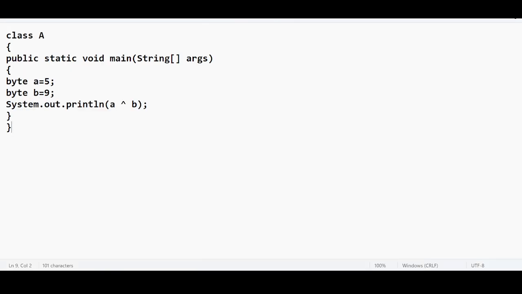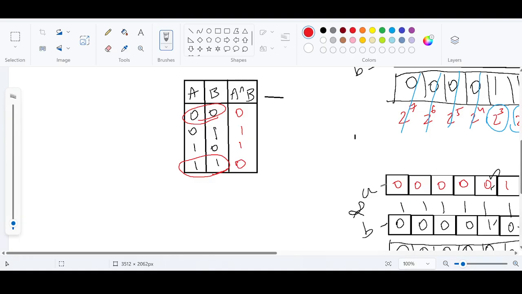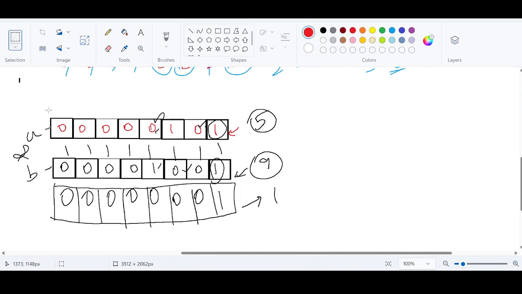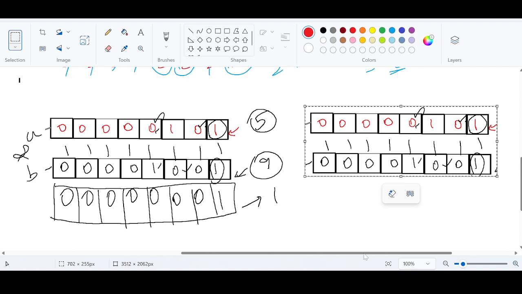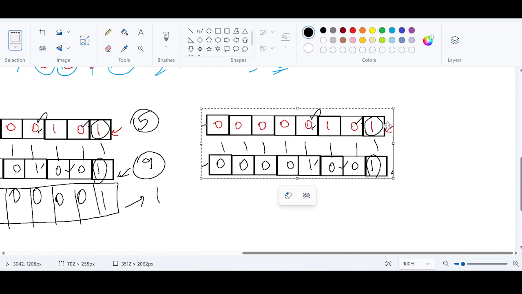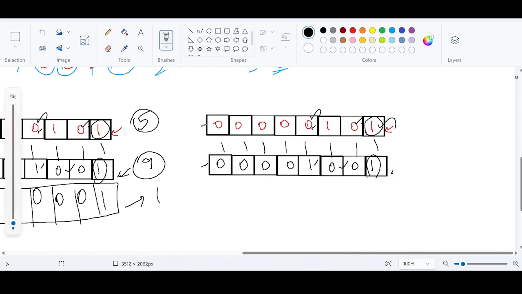Correct. Why 12? Let me explain it for others. These are the same example I am taking. This is for 5 and this is for 9. Two inputs are same, 1, 1, same, so 0. For similar inputs, 0. For the non-similar inputs, 1.